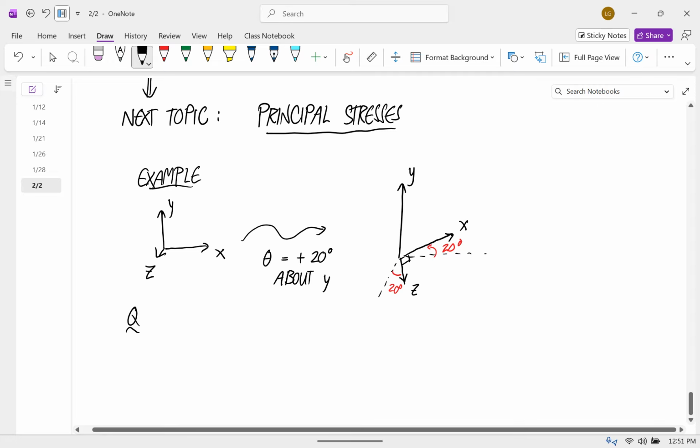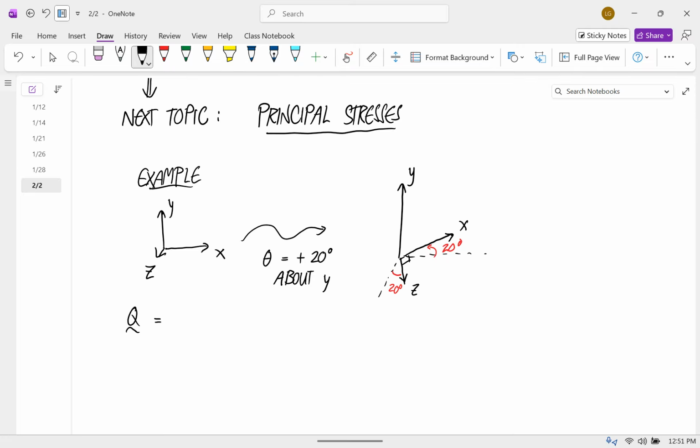So our Q is going to be cosine of 20, 0, negative sine of 20. You have that funny negative in there. Then 0, 1, 0. And then sine of 20, 0, cosine of 20.